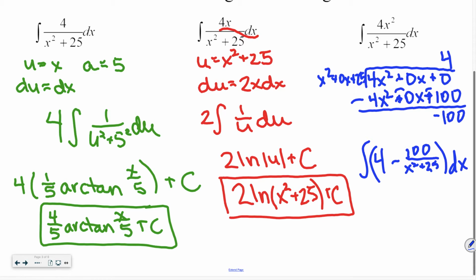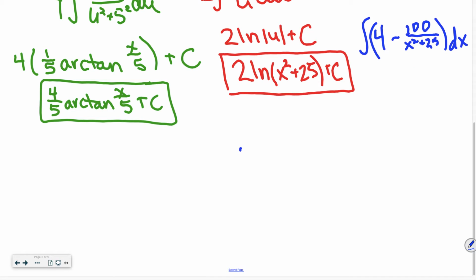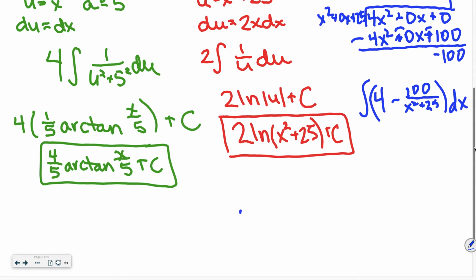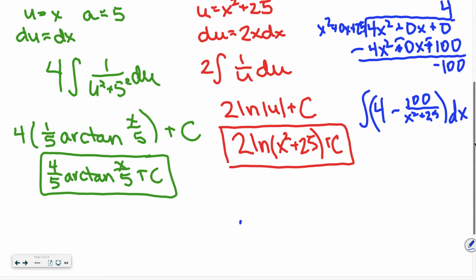Okay, so what happens? What happens is the antiderivative of 4 is 4x minus 100 times the antiderivative of 1 over x squared plus 25.